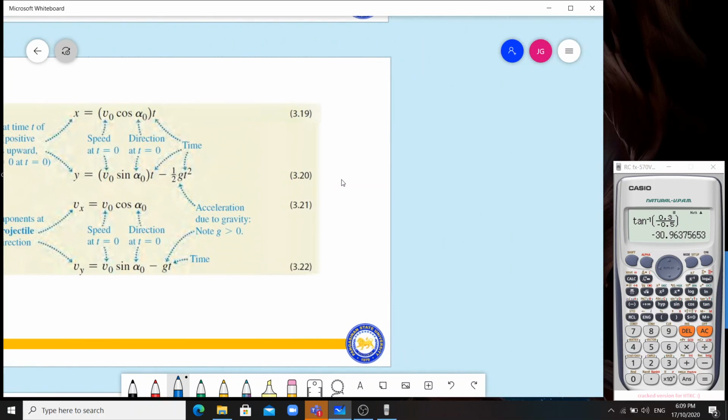Di ba may formula tayong x is equals to x0 plus V0t plus 1/2 at squared, sorry. Pag x ang pinag-uusapan natin, automatic ito, gawin nating 0 yan. Okay.